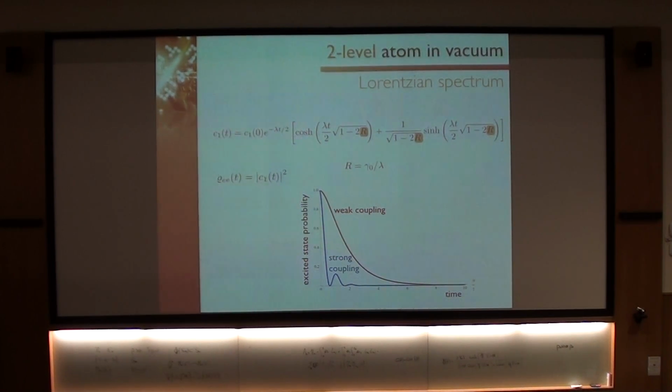On the contrary, when 2r is greater than 1, exactly the same as I was saying here happens. You start having this sine and cosine oscillatory behavior, and as a consequence, gamma of t becomes temporarily negative. If you plot it, you will find some intervals of time in which gamma of t is negative, and therefore the dynamics is non-divisible.